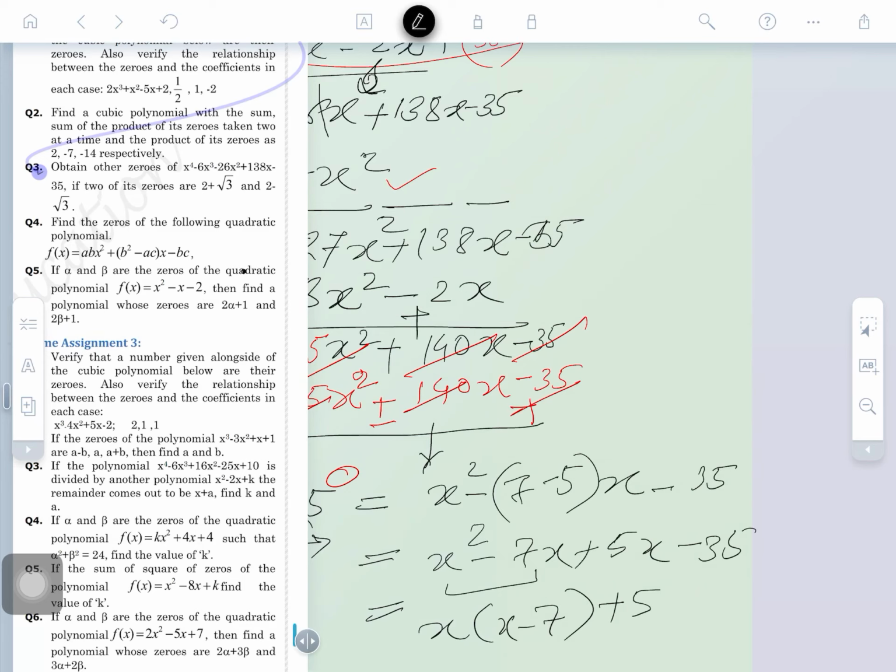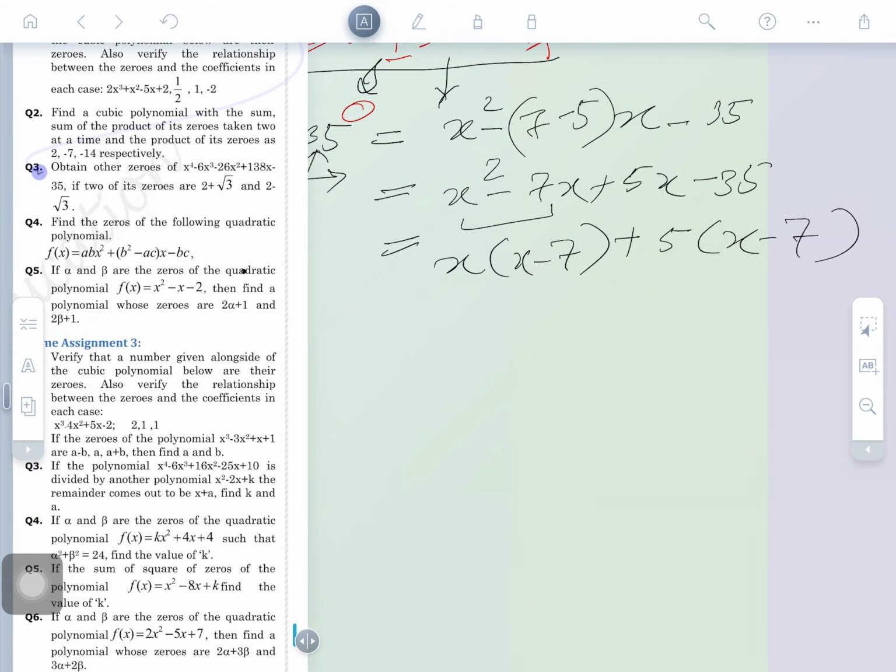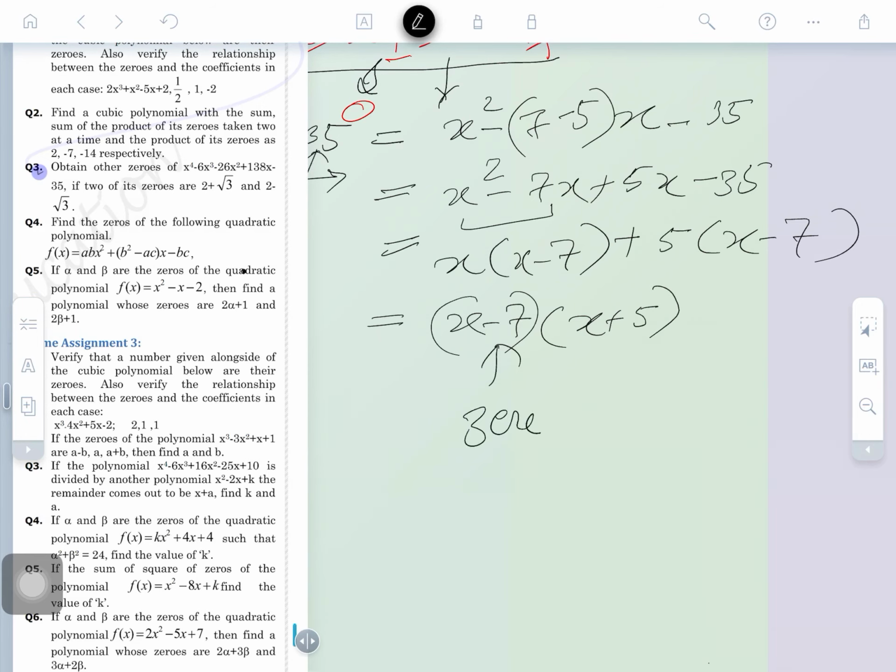So here 5 common, and then x minus 7 will come. Throughout, what is common? x minus 7 is there, and what's left here? x plus 5 is left. So these are the factors. So what are the zeros here? The zeros are 7 and the other zero is minus 5.